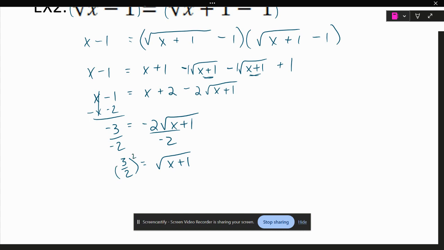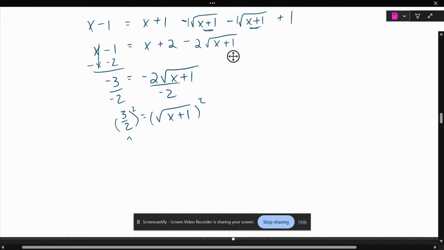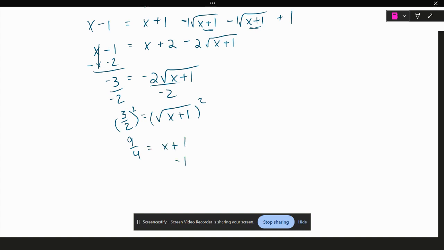I'm going to square both. I'll end up with 9/4 is equal to x plus 1. And when I subtract 1, that's the same as subtracting 4 over 4. So I'll end up with x is equal to 5/4.